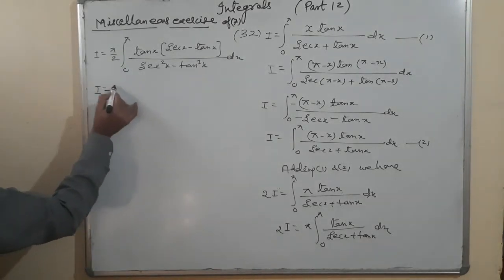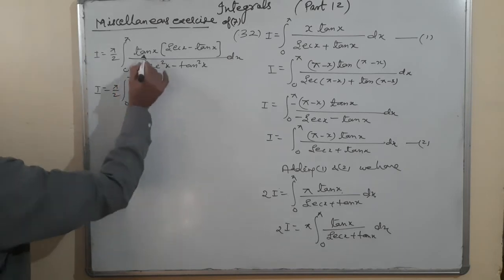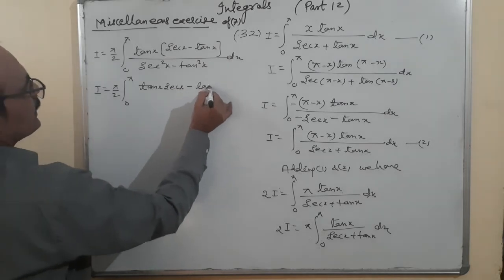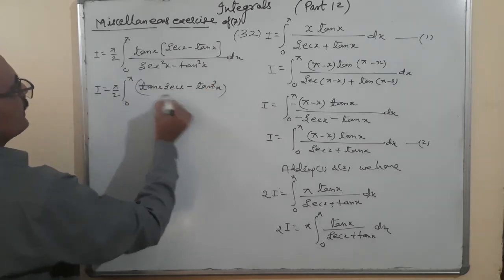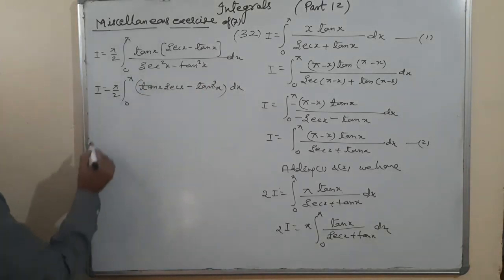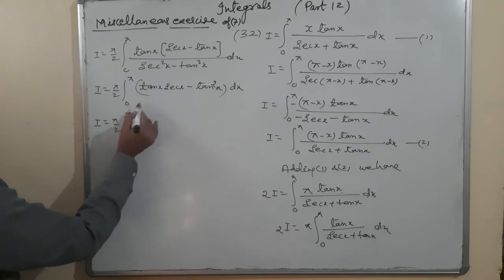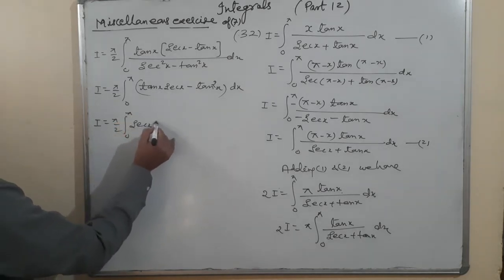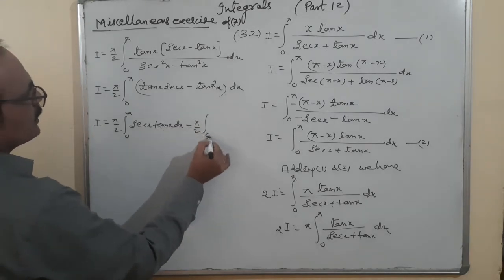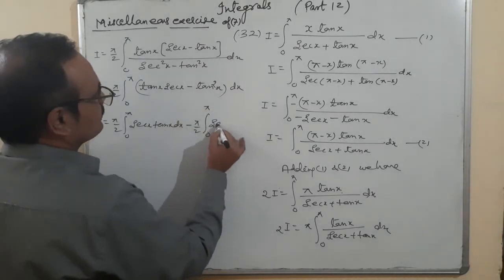I is equal to pi by 2, 0 to pi tan x sec x minus tan square x dx. Denominator is 1, since sec square x minus tan square x is 1. I is equal to pi by 2, 0 to pi sec x tan x dx minus pi by 2 limit 0 to pi tan square x, which can be written as sec square x minus 1.